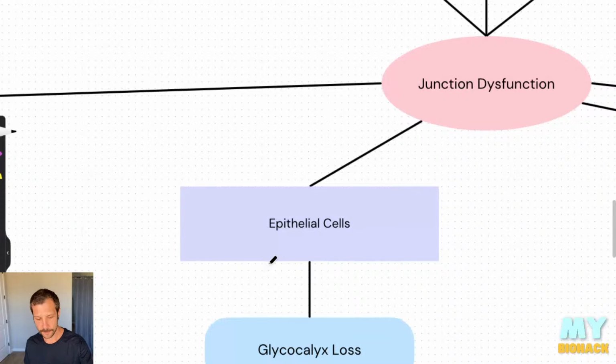So epithelial cells, they have villi on them or alveoli on them, which make up your lungs. They make up your nasal cavity, your mouth. All those are epithelial cells.